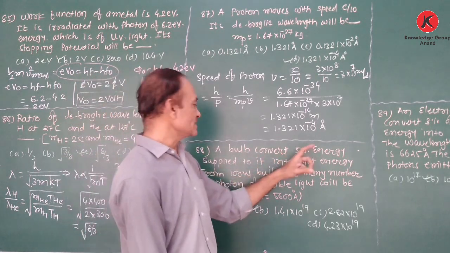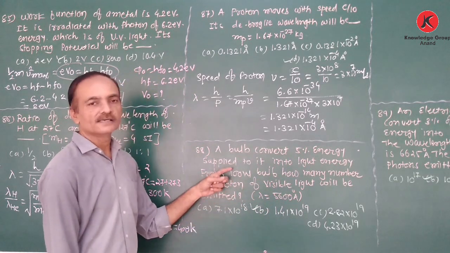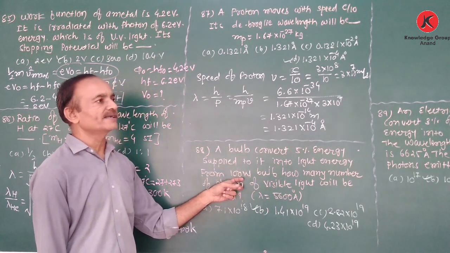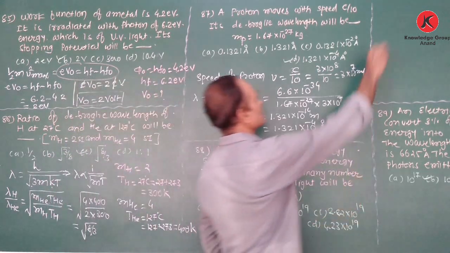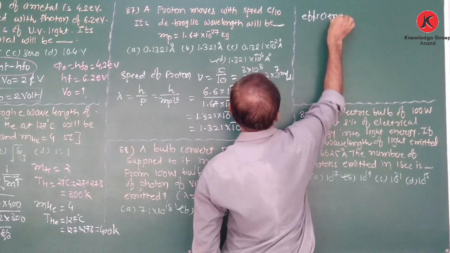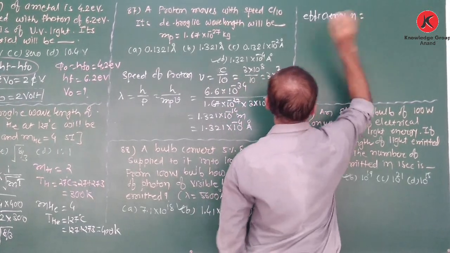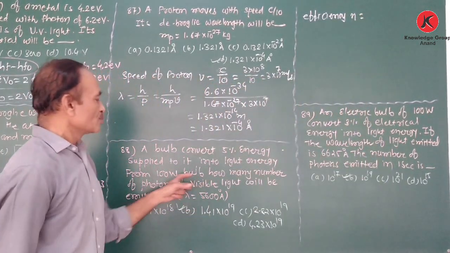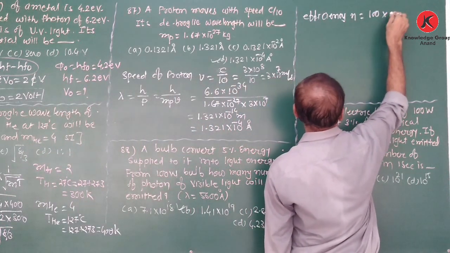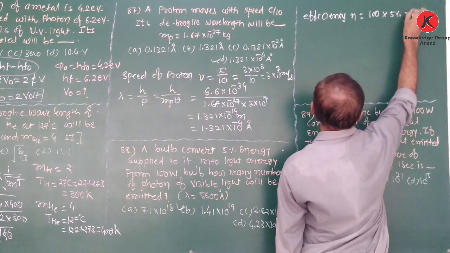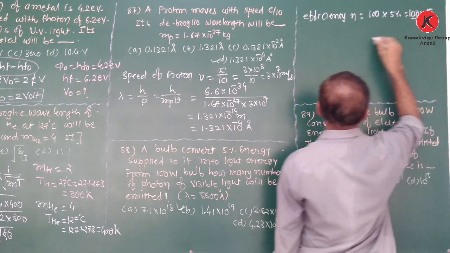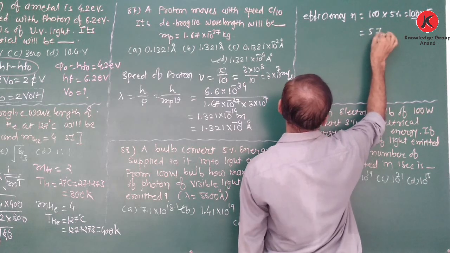The 5% of the applied energy is converted into light energy by the 100-watt bulb. Therefore, the efficiency of the bulb gives E equal to the total energy supplied, that is 100 watt into 5%. Therefore, 100 into 5 by 100, so that is 5 joule.